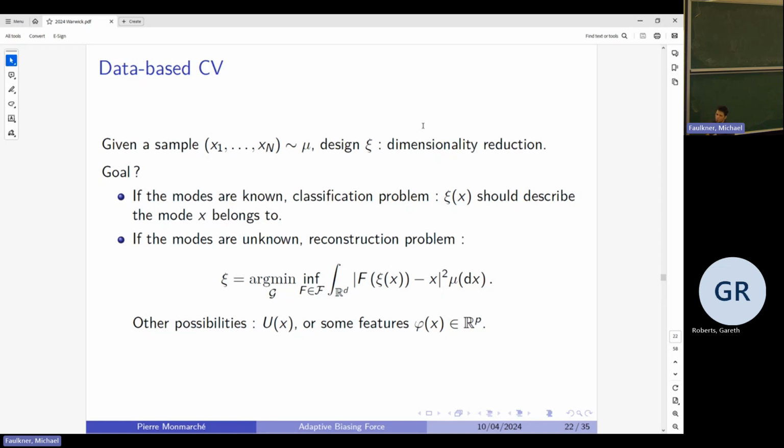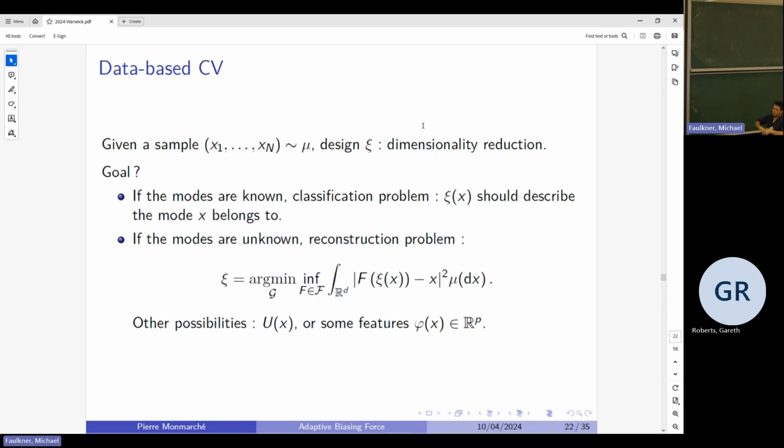Of course, maybe you don't want to reconstruct X itself, but possibly just its energy because it's what you care about. Or maybe you have identified some nonlinear modification of X. For instance, when you're doing images, X would be the color value of any pixel of the picture, while phi of X would be you take some convolution, some LP norm of some convolution of some part of your image.